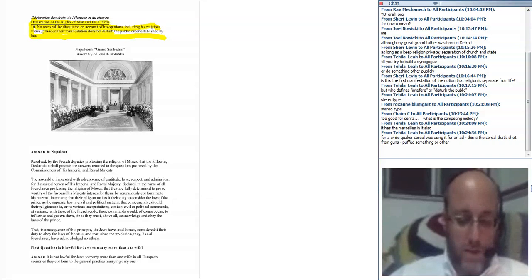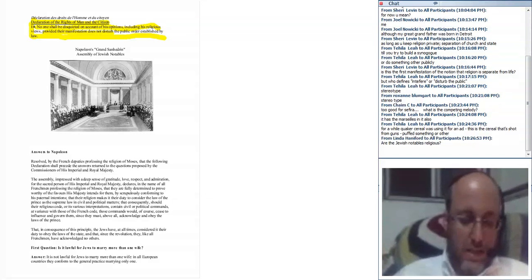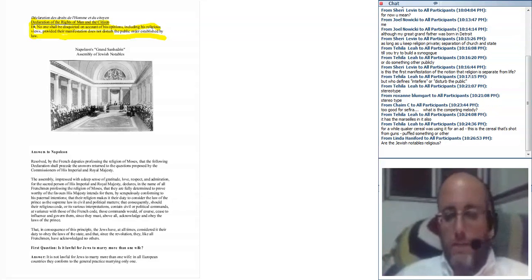There were both Sfaradim and Ashkenazim, from both of the communities who were represented on the committee.